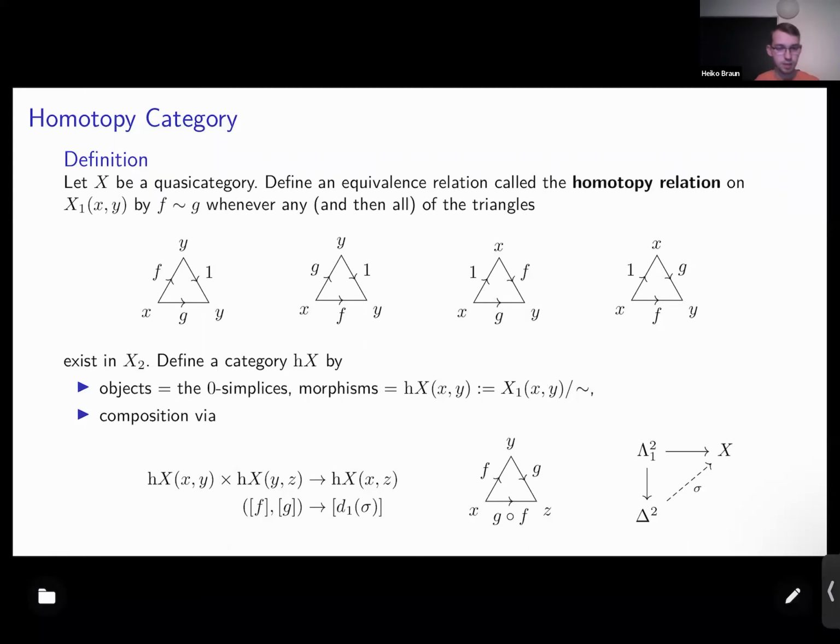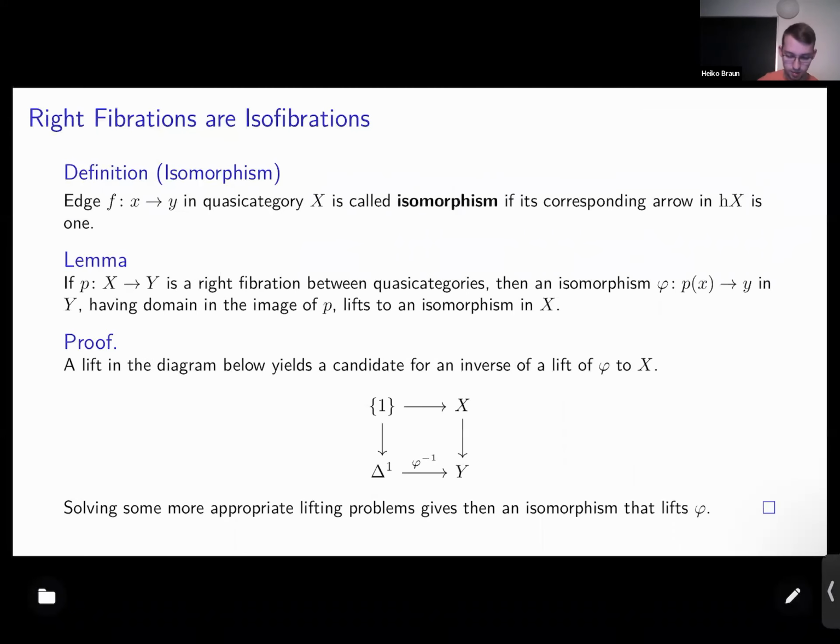Okay. Now let's consider a little statement, namely, first we define an isomorphism. So an edge in a quasi-category is called an isomorphism if its corresponding arrow in hX is an isomorphism. We have a category hX, so in the usual sense, it has an inverse in both directions. And so it generalizes just the normal concept.